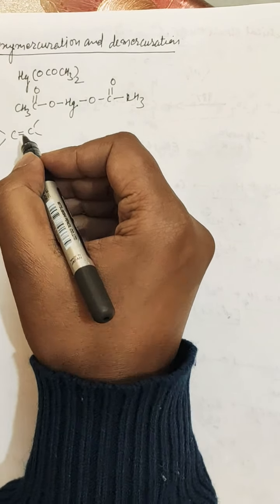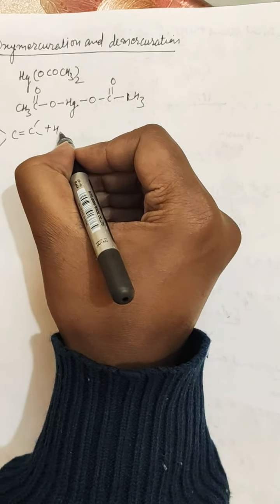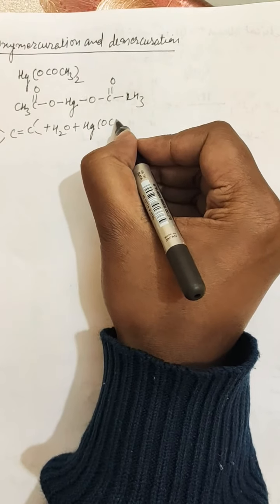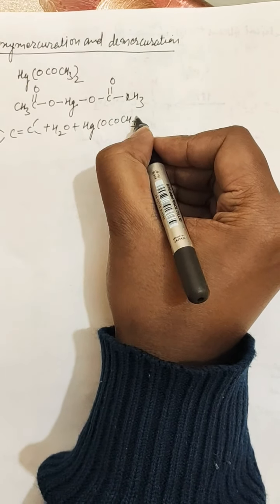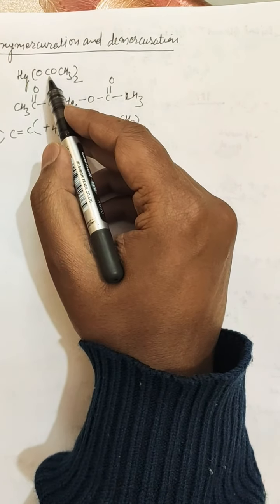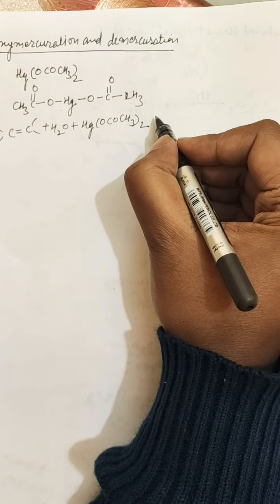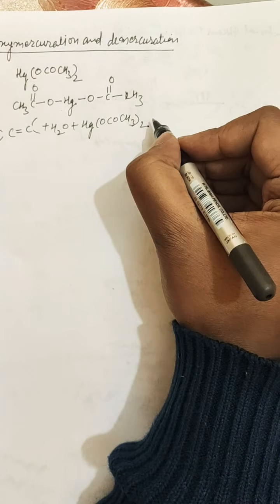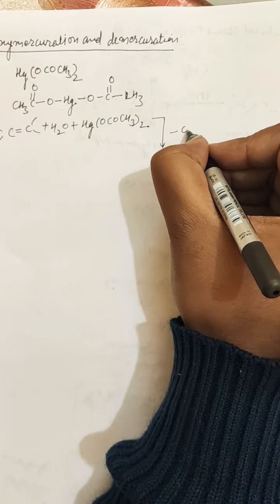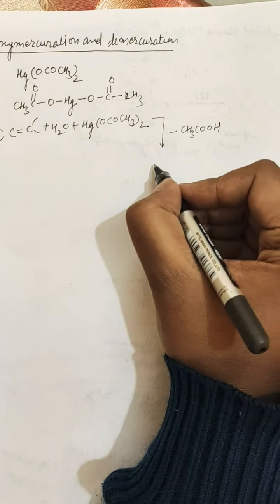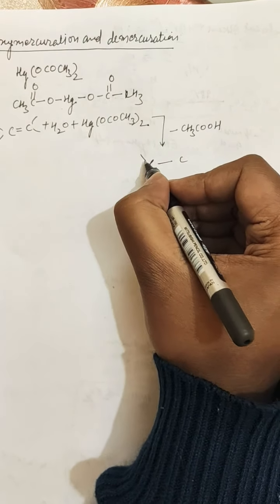So generally when this alkene is treated with water and mercuric acetate, that is OCH3, this compound has been written in this form here. It results in the loss of acetic acid CH3COOH and further results in the formation of this compound.